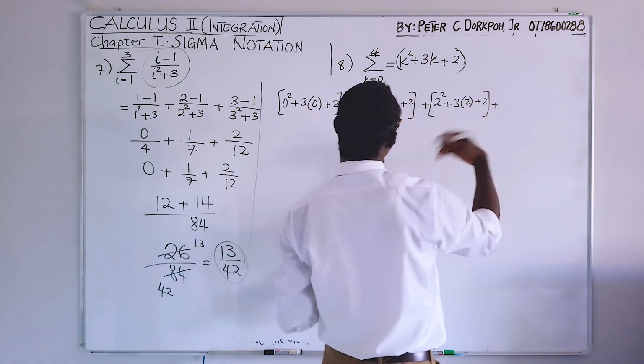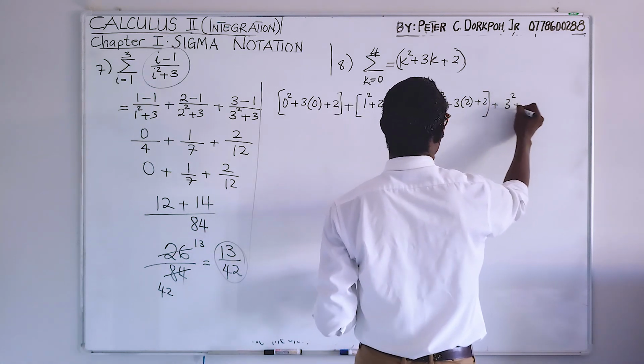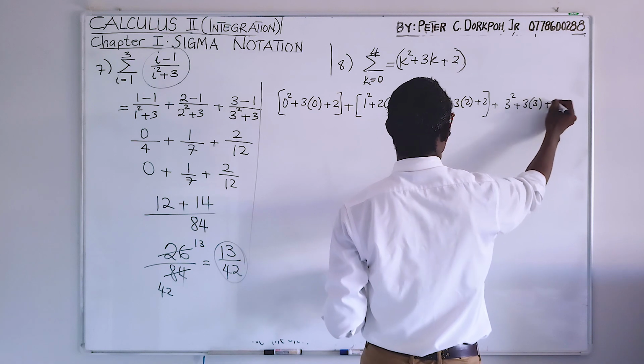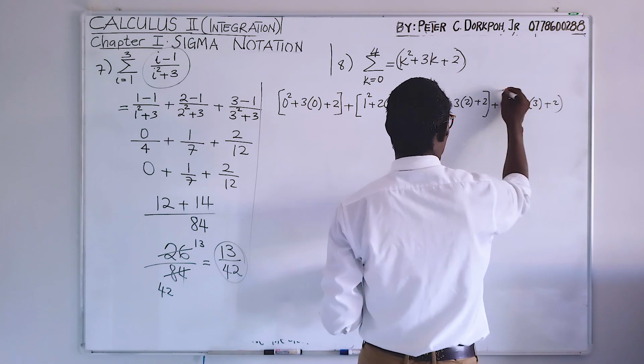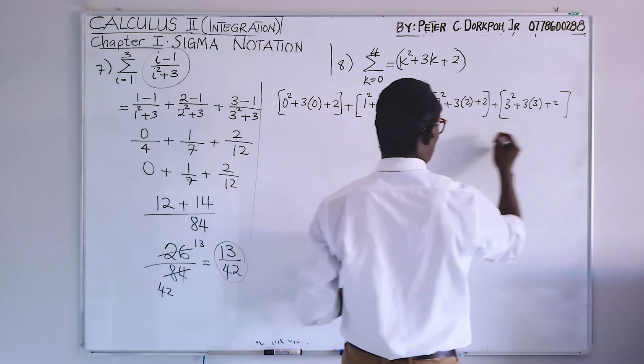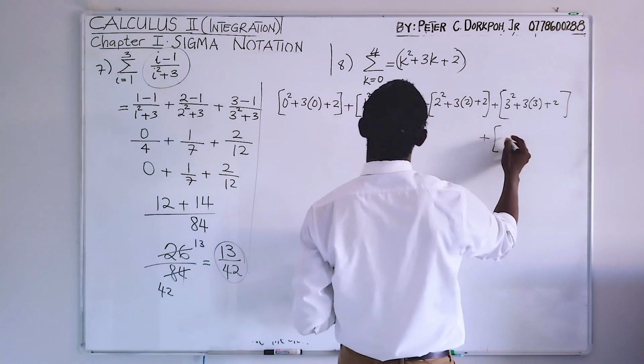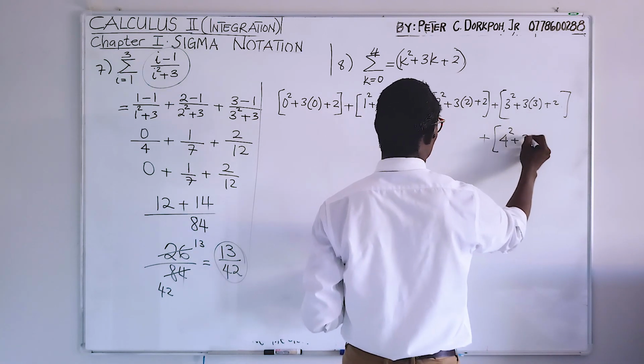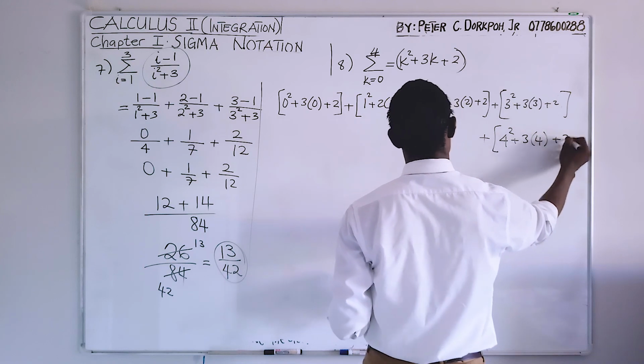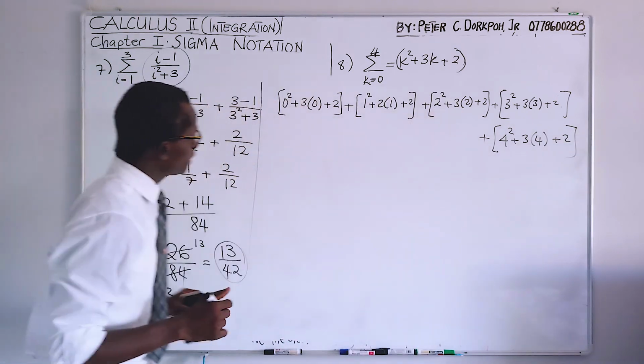Plus, when k is 3, 3 squared plus 3 times 3 plus 2. And the last one, we bring it down here, when k is 4, you have 4 squared plus 3 times 4 plus 2. So we simplify.